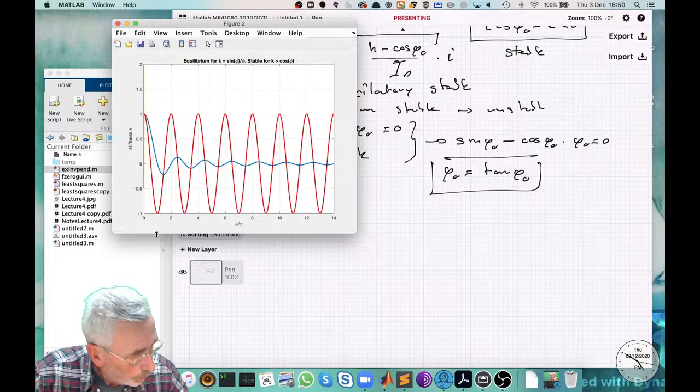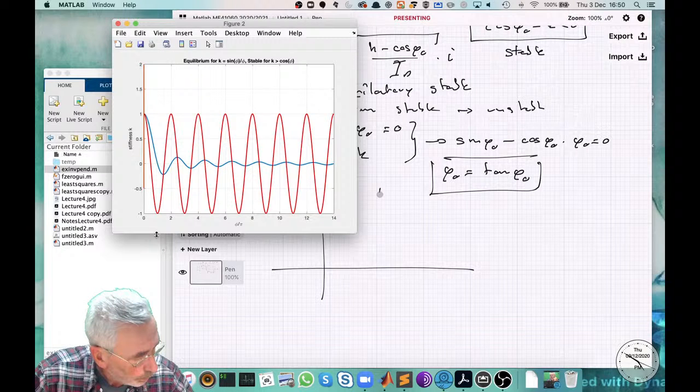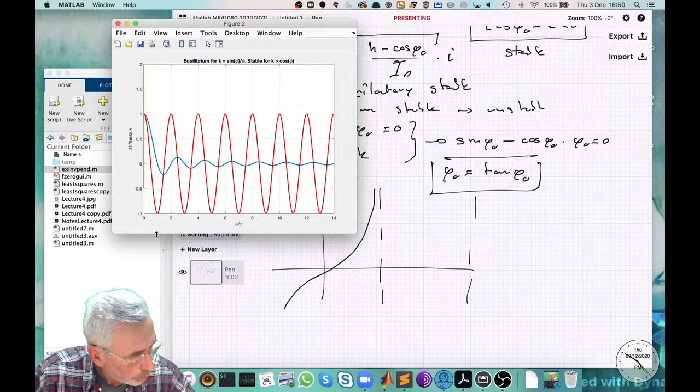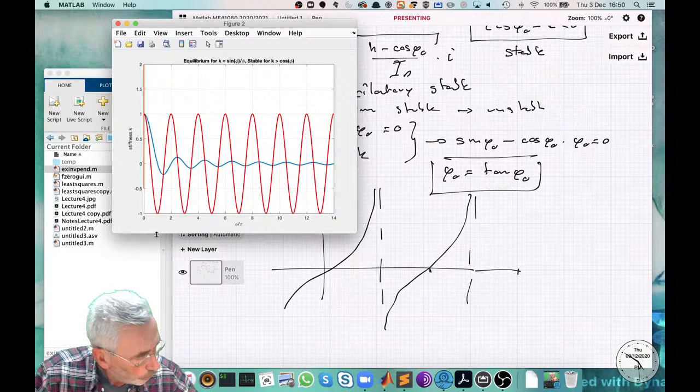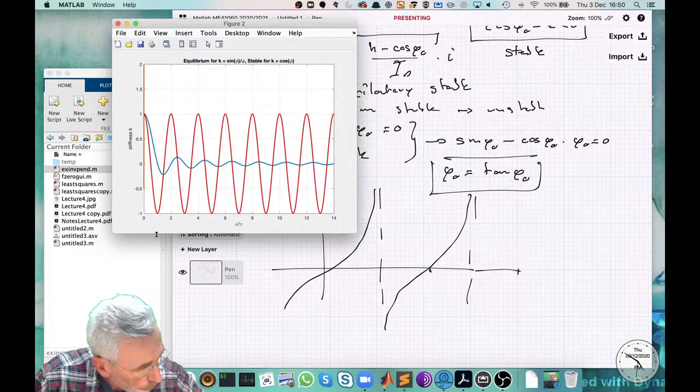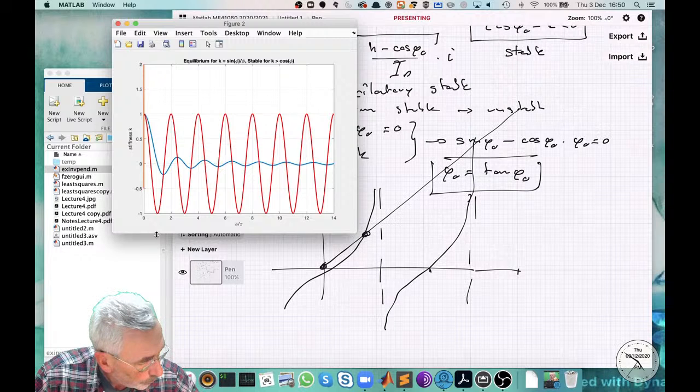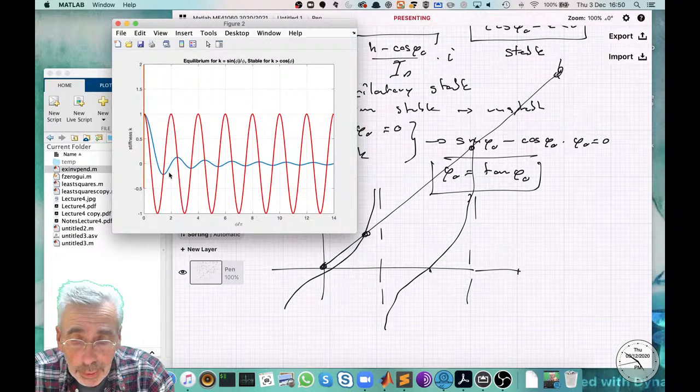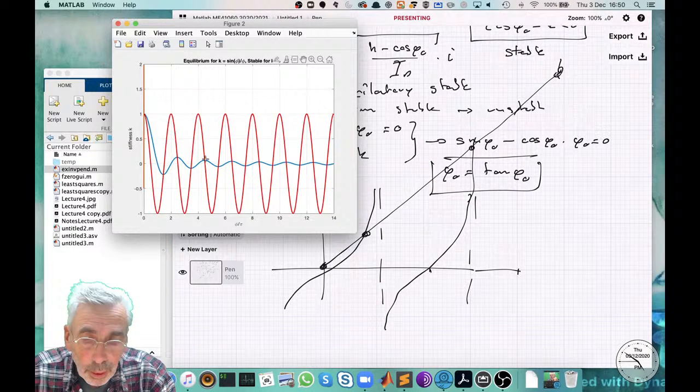If you graph that out, these are the asymptotes of tangent, so tangent goes like this, and again, and then the function phi 0, which is just a straight line, goes like this. And then we have one solution, two solutions, three solutions, etc. So you can find all these solutions. And those are exactly the points here in the graph where it changes from stable to unstable.